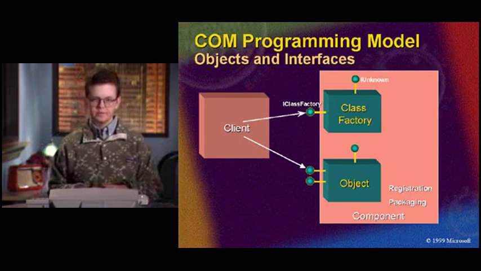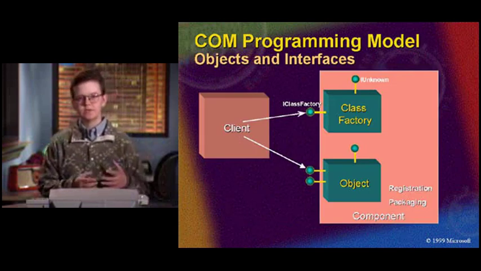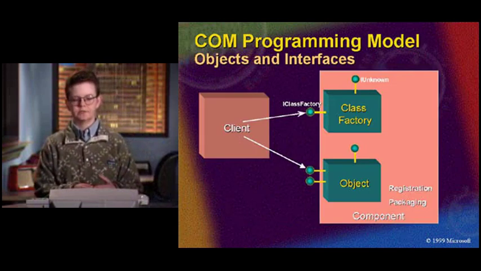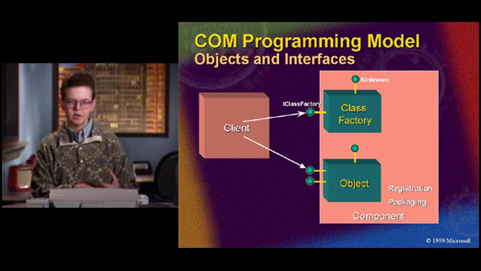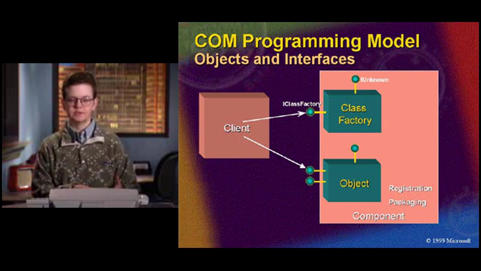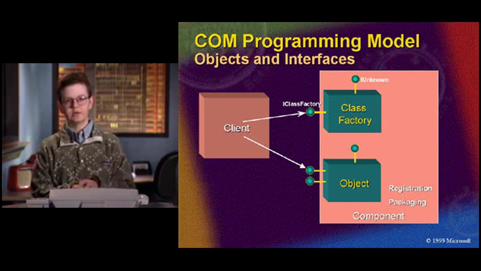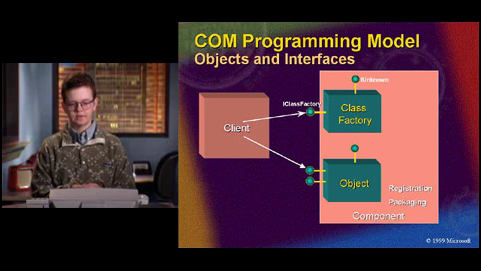So just to set the baseline, with COM we introduced this notion of objects and interfaces. And the key thing in COM is that all access to an object is through its interfaces. We provide a standard kind of object called a class factory, and the class factory is how you go about creating other objects that you want to interact with.